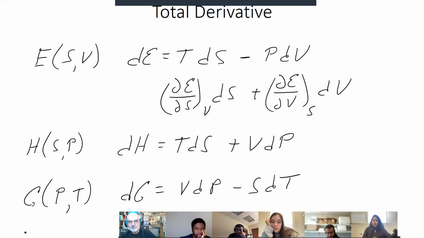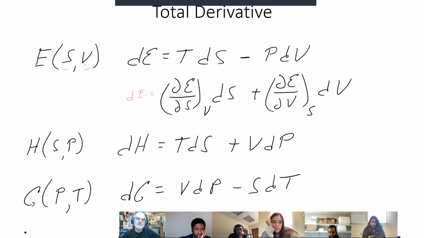The internal energy depends upon the entropy and the volume. So we could write down a total derivative in terms of dE/dS at constant V dS plus dE/dV at constant S dV. This would be the total derivative of dE for these two parameters.